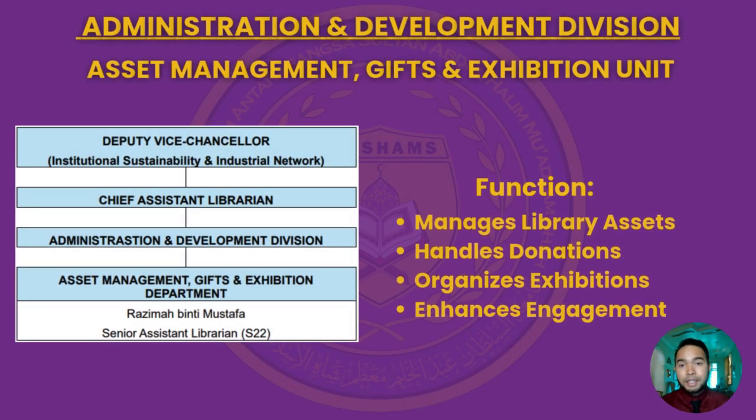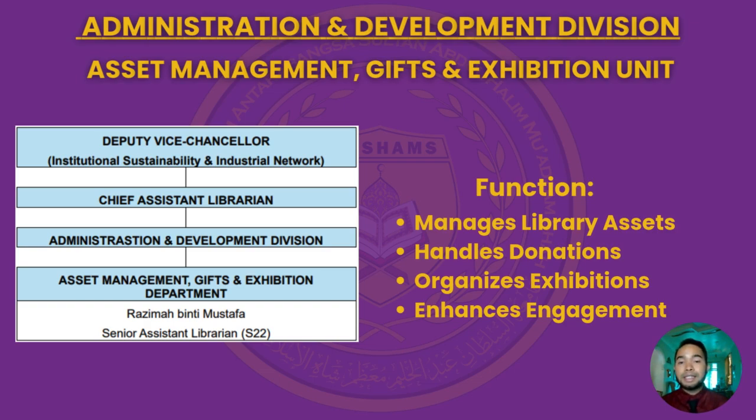For the last unit, the Asset Management, Gift and Exhibition Unit is in charge of managing the library's assets such as donated books or materials. This department ensures that any donations to the library are properly catalogued and added to the collections.